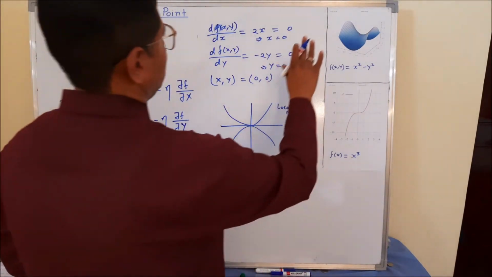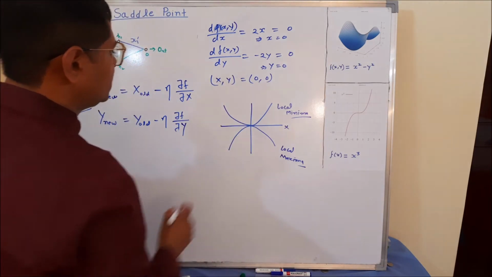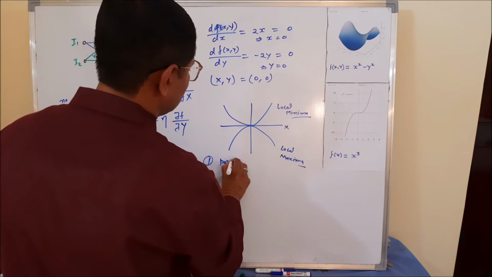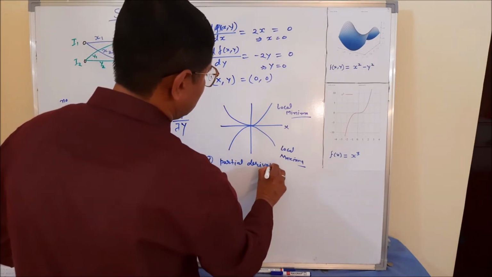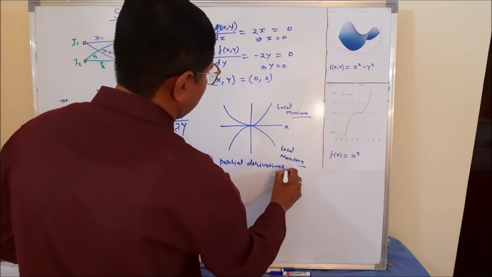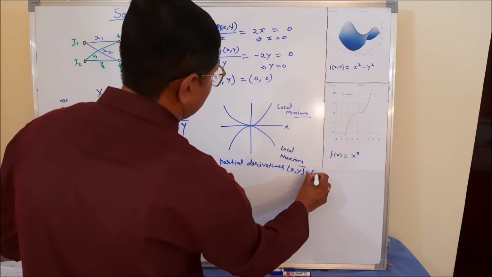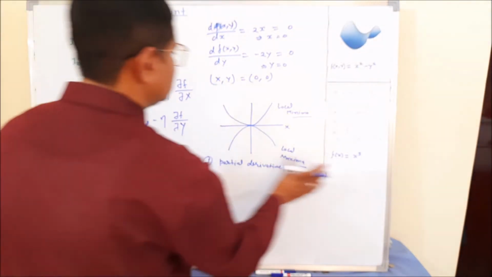So if we closely observe this scenario, we will find that we got three properties. First, partial derivatives at a given point xy equal to 0, 0, or some other points for some other equations, is equal to 0.